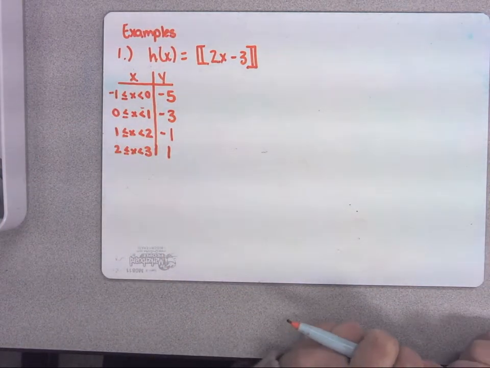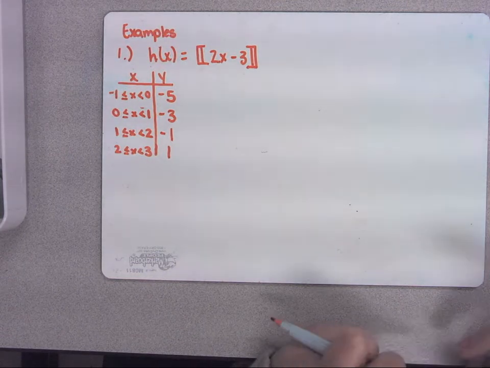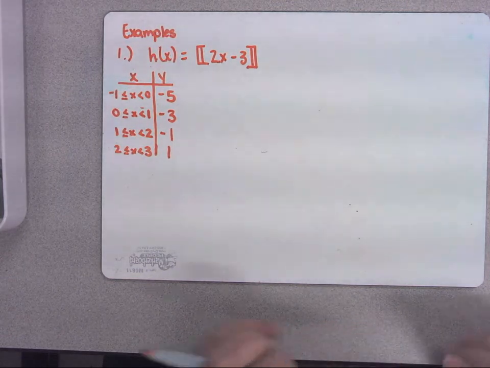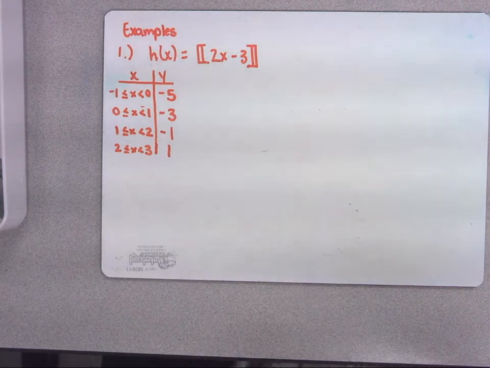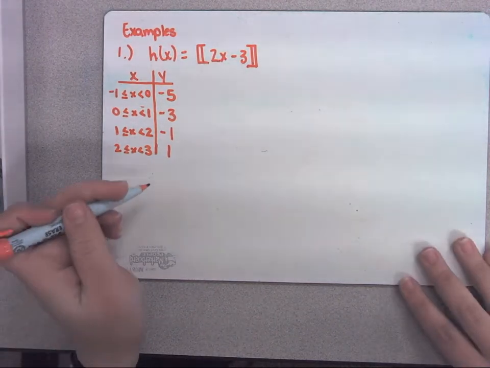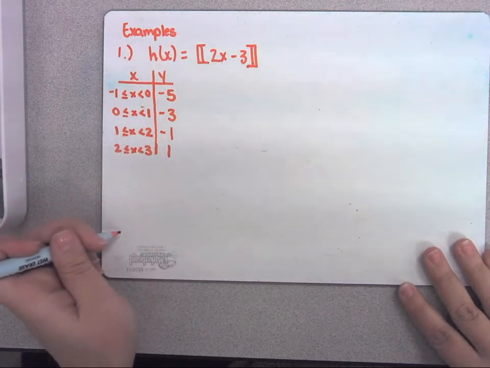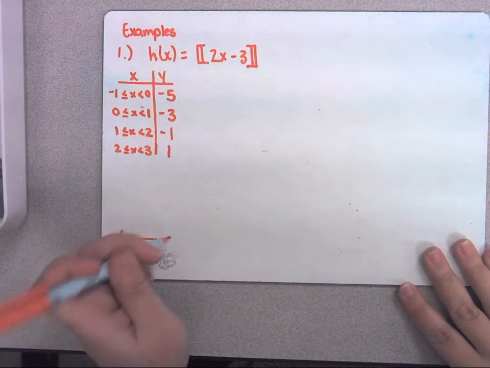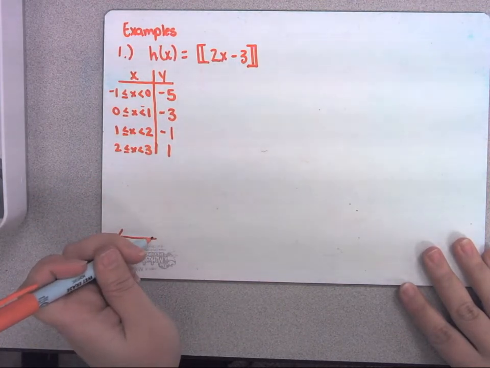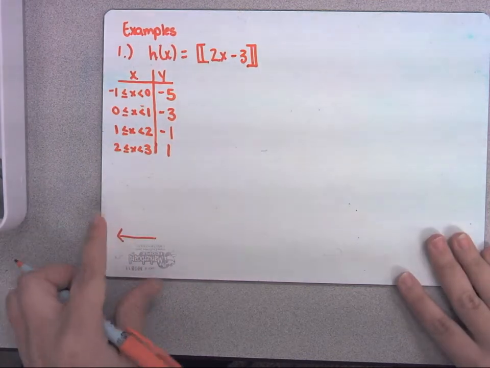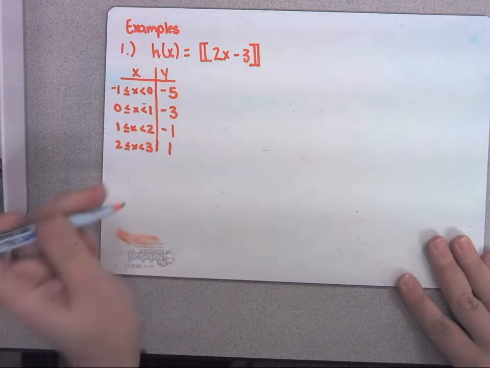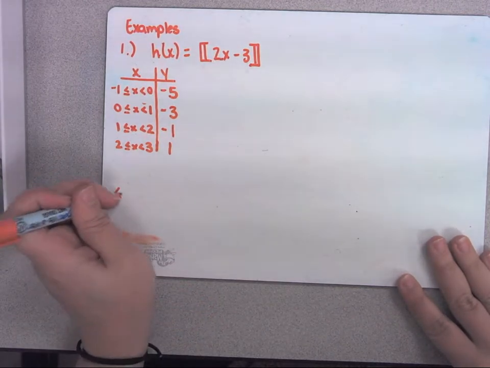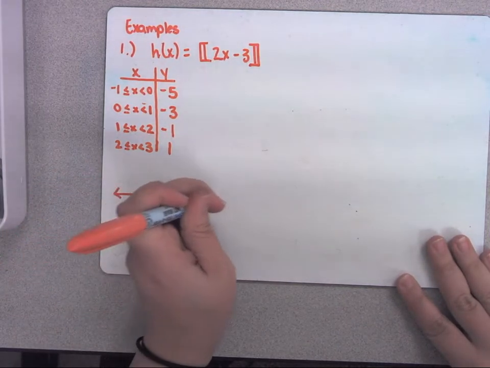Now, with this one, it helps just to make your table with the numbers you have. This is the one time that those pre-made graphs are not always helpful because you can't really read them. You can use them, sure, but you can't really read them. I'm going to go down so I have room. My x's. Oh, I did this wrong already. Oh, man, and it doesn't erase well. X's.